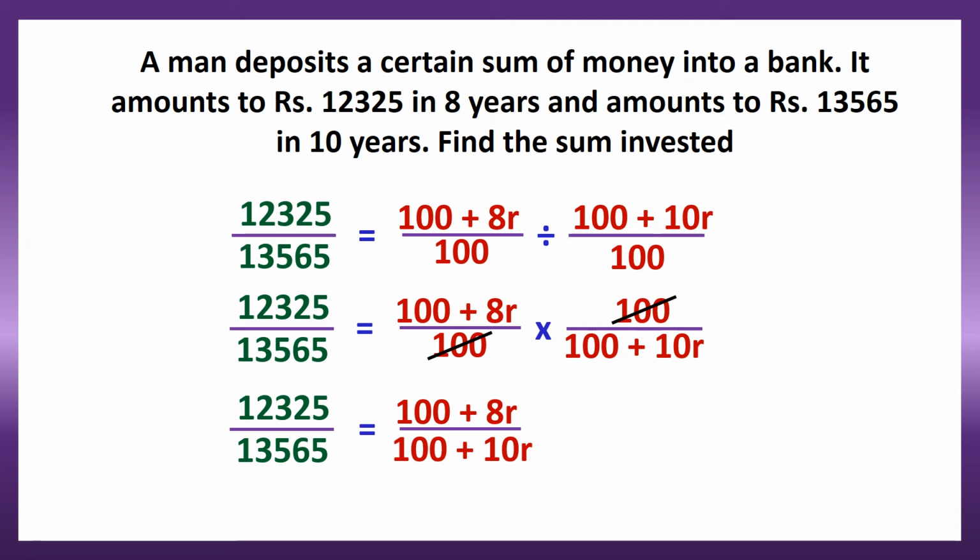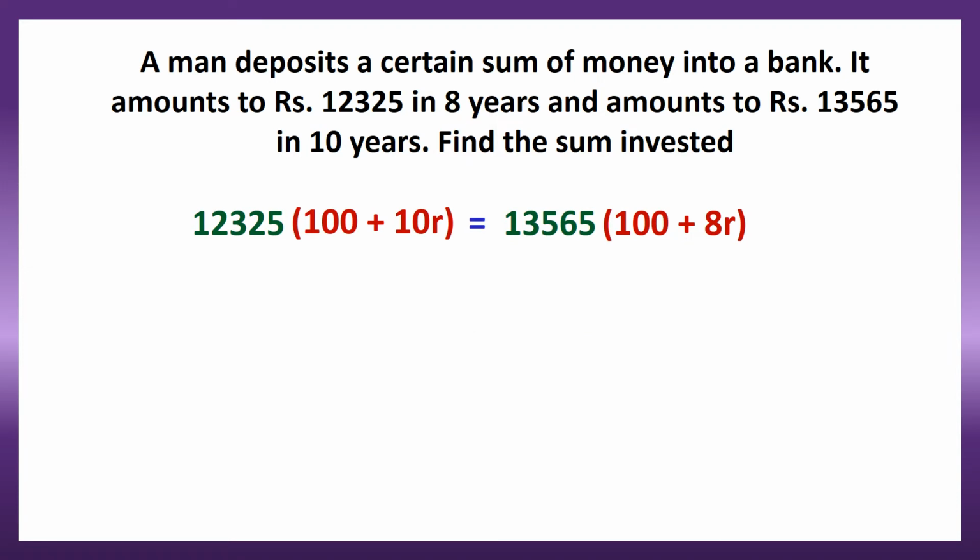12,325 divided by 13,565 is equal to 100 plus 8R divided by 100 plus 10R. Now that can be cross multiplied, and it becomes 12,325 into 100 plus 10R, that is equal to 13,565 into 100 plus 8R.